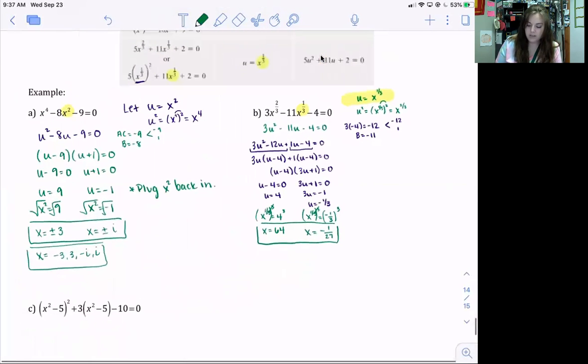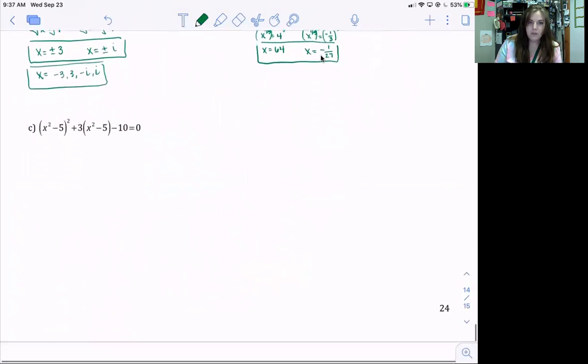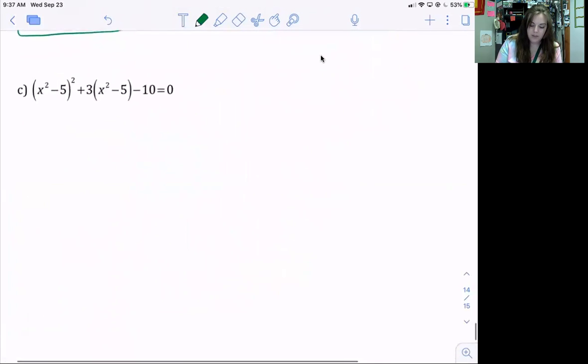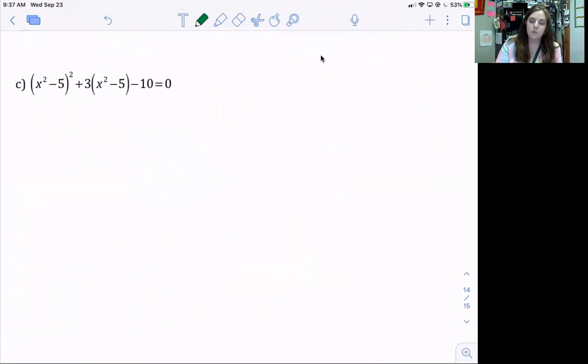Okay, and looking at C, we have the quantity x squared minus 5, squared, plus 3 times the quantity x squared minus 5, minus 10. So again, look at your middle term, everything other than the coefficient. So we're going to let u equal x squared minus 5, which tells us u squared equals the quantity x squared minus 5, squared.